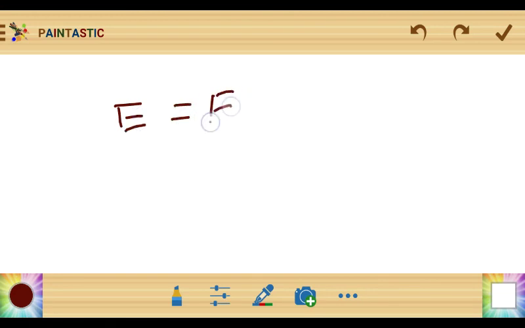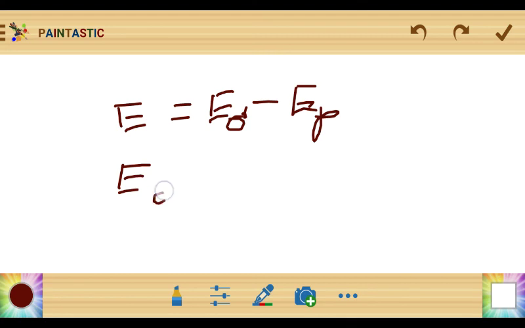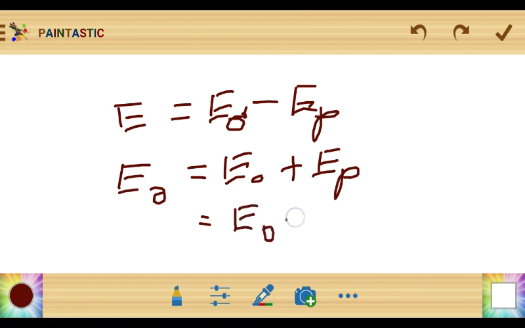On a further note, E is equal to E0 minus EP, so taking EP to the other side we get E0 is equal to E plus EP. So E plus P upon epsilon 0, where P is polarization.